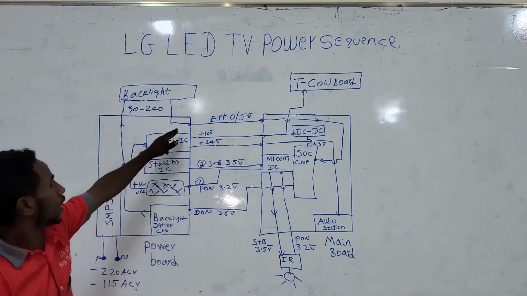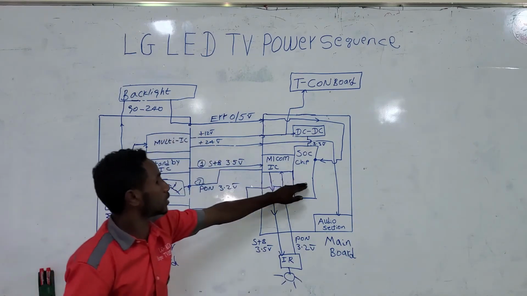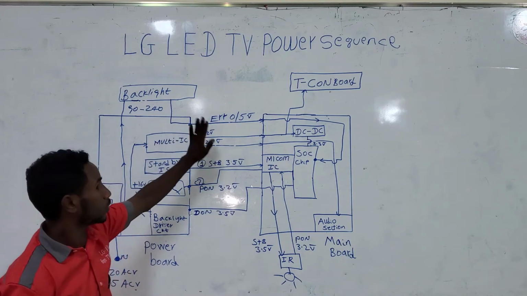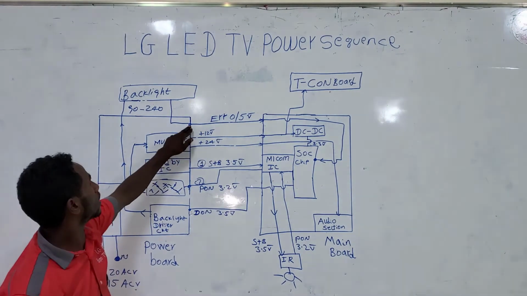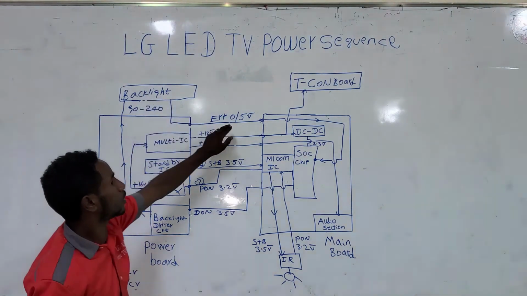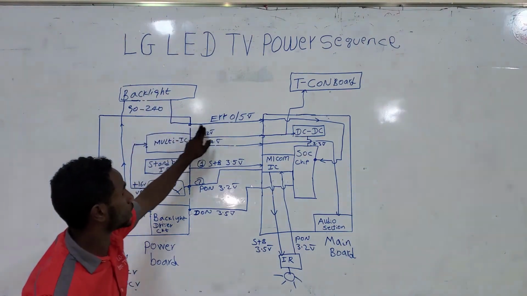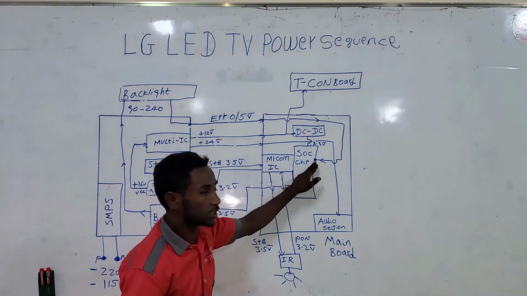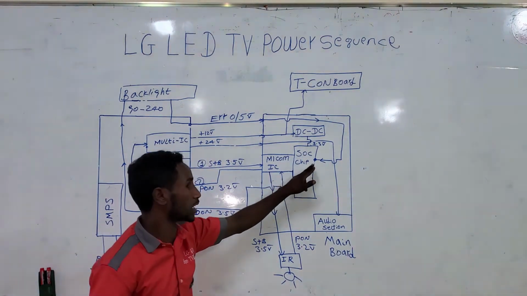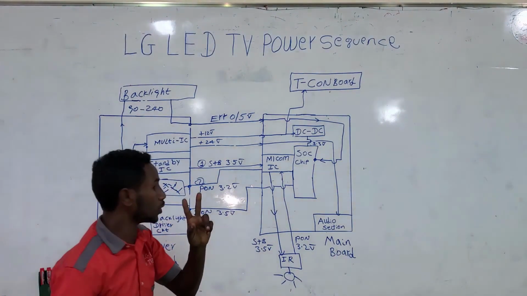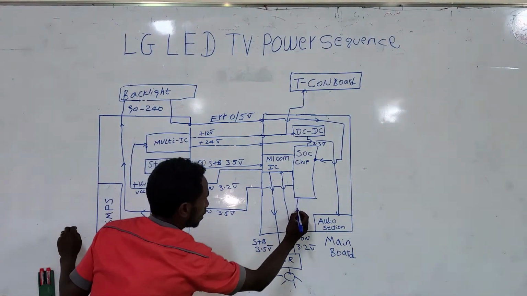Let's connect our error voltage point to the SOC chips, and let's say we are measuring 0 voltage at this point, and we already know that the backlight will be normal when we measure 0 voltage. So this 0 voltage goes directly to the SOC chips. Then when the SOC chips detect 0 voltage, they will give us two outputs.